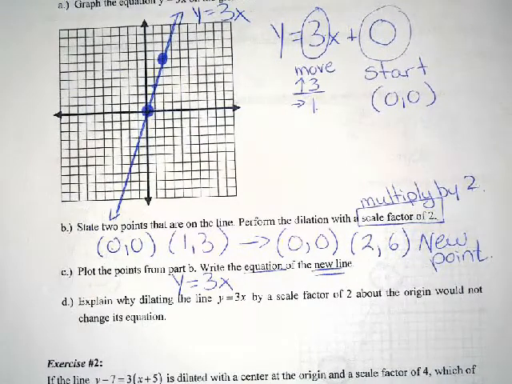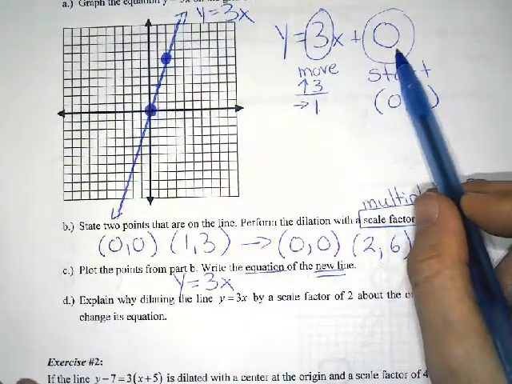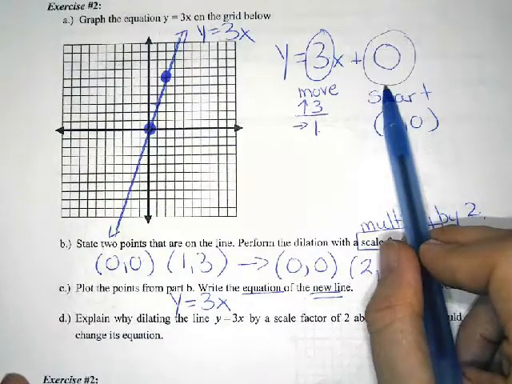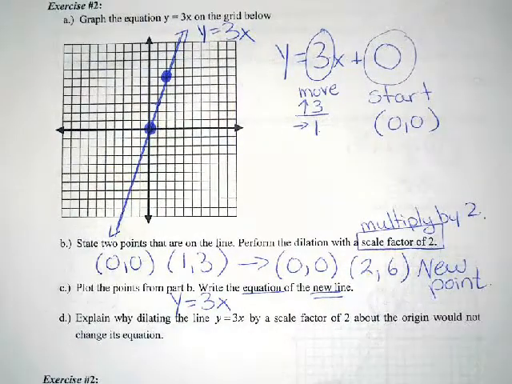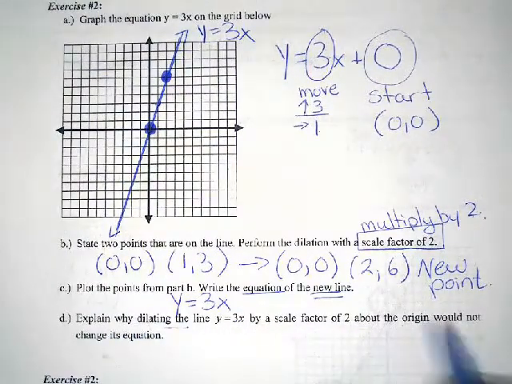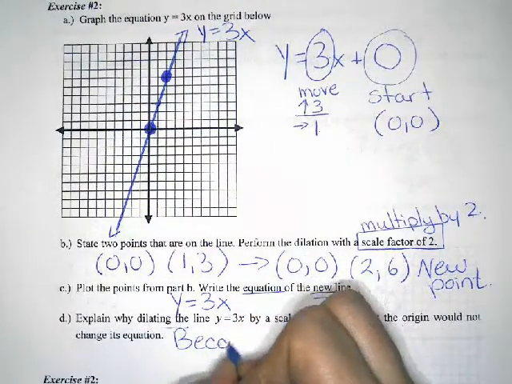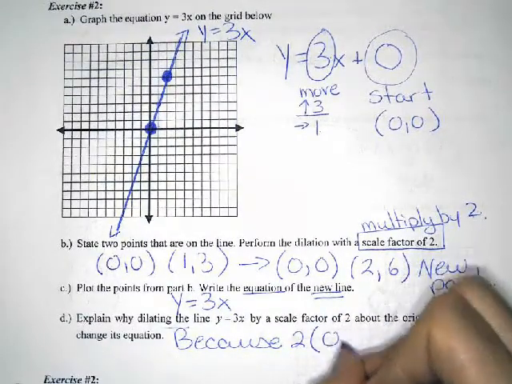Well, that's because of the y-intercept. Now remember, we just talked about that the only thing a dilation will affect is the y-intercept. And here, it's 0. Well, if you multiply 0 by a number, you're still going to get 0. It doesn't change it. So the dilation is not going to change its equation, and that's because 2 times 0, 0.